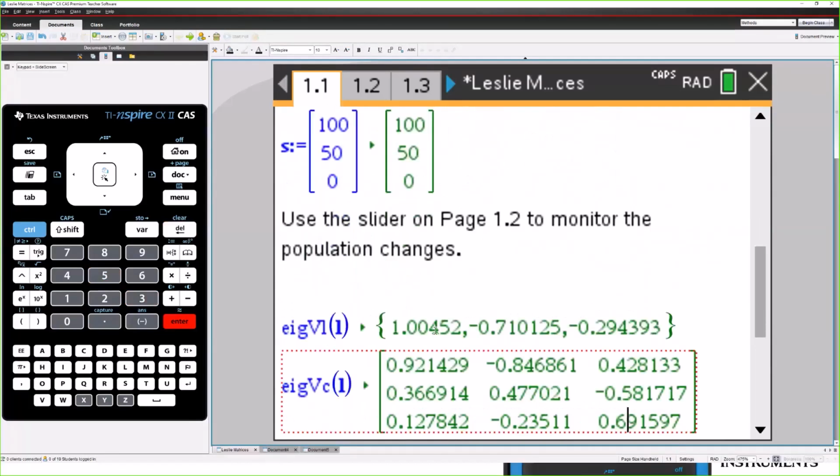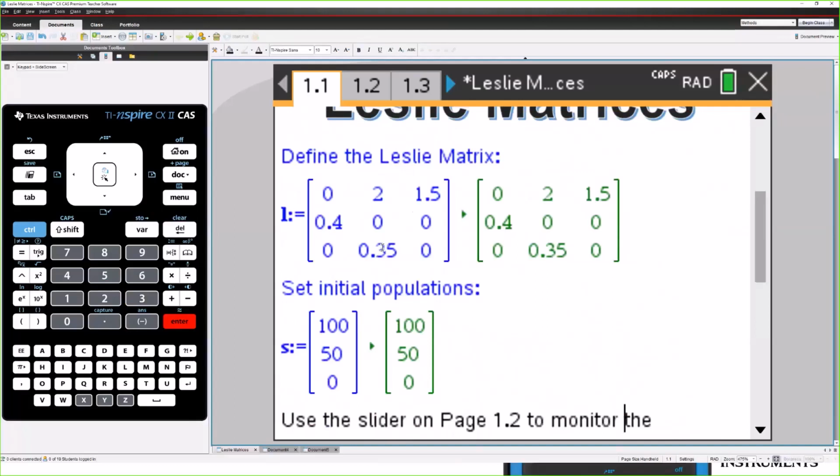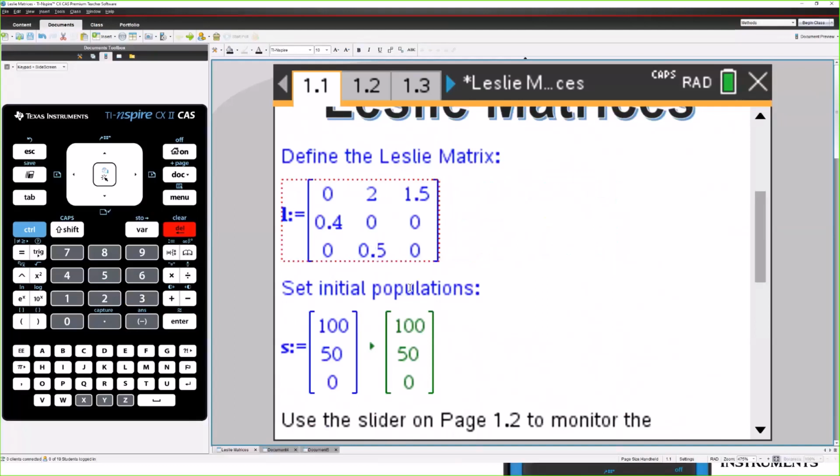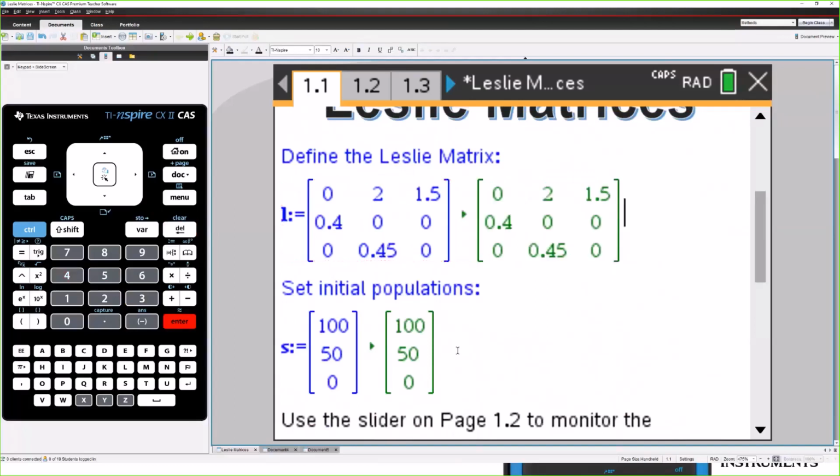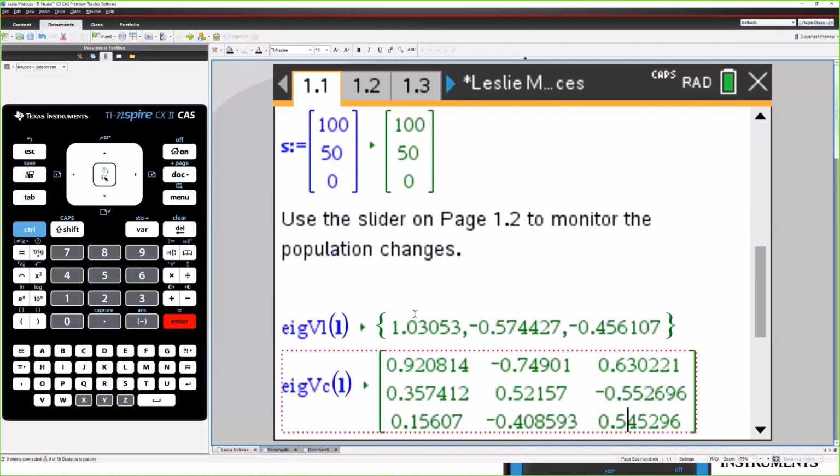That's a measure of the growth rate of our population. So increasing the survival rate, let's say bumping that up a bit, we can see that the population is growing more rapidly. That's what these eigenvalues and eigenvectors help tell us. The rate at which the population is increasing and the proportions under which they are doing that.